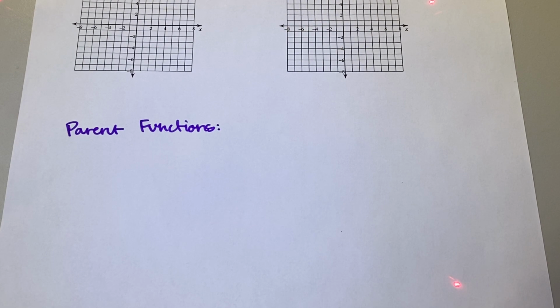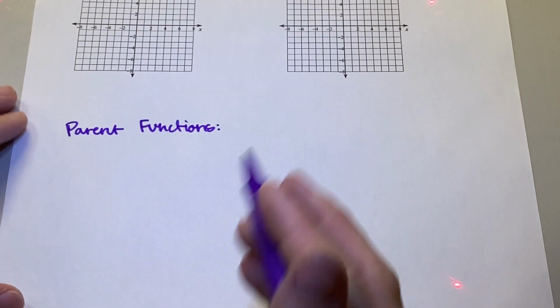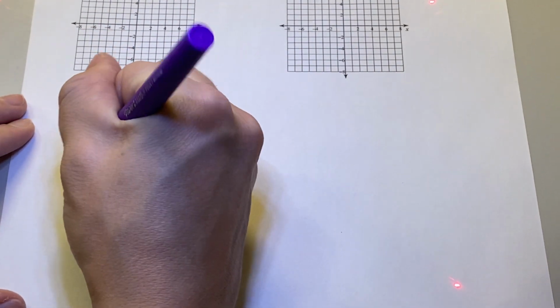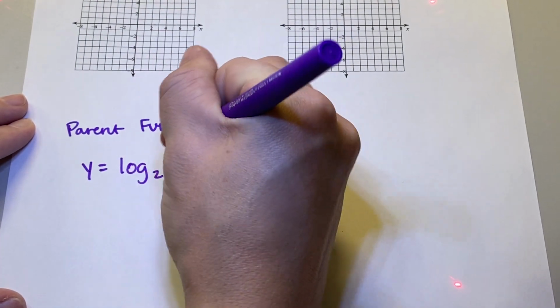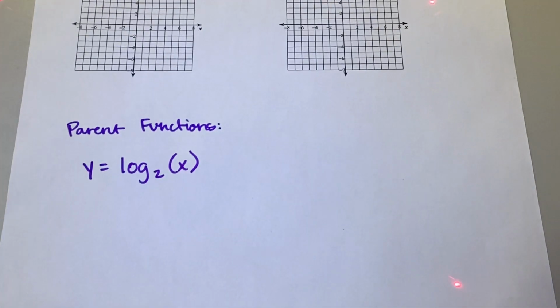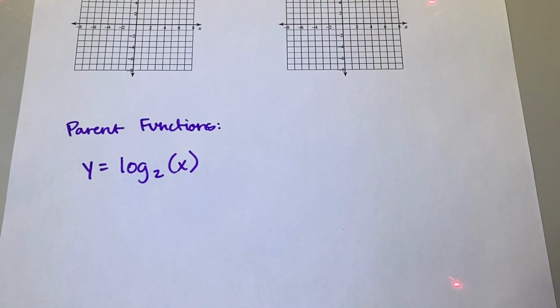Think of them as like the OGs. Nothing's been added yet. They are the parent functions. Okay, so let's see, what bases do we have? Let's go y equals. This is our first parent function that we're going to talk about.